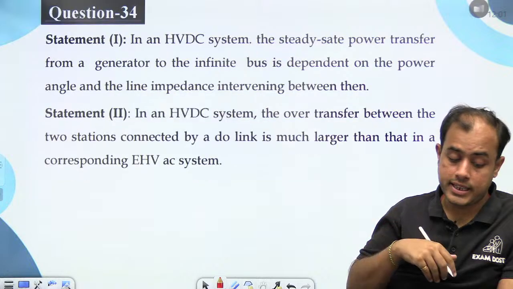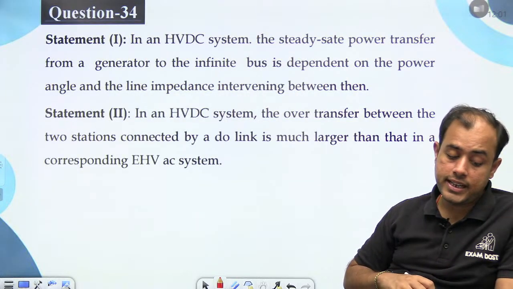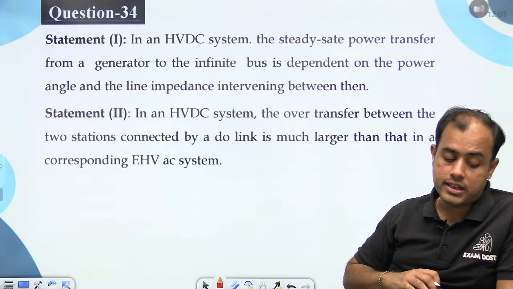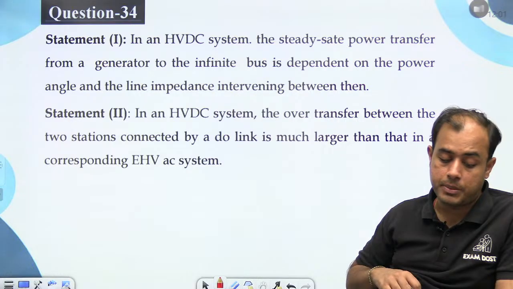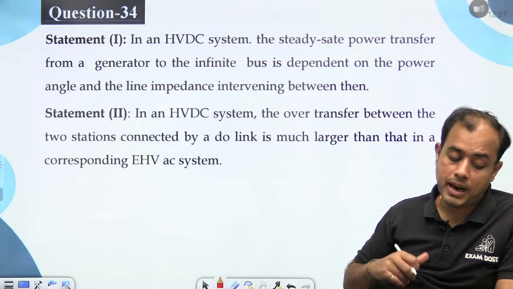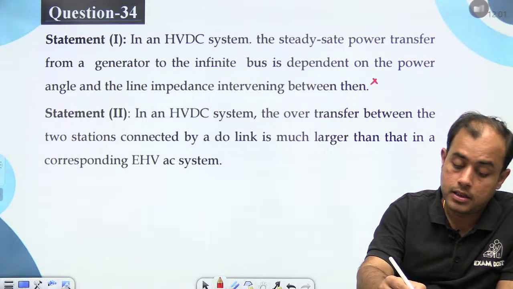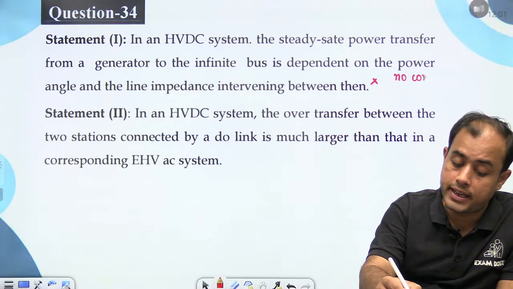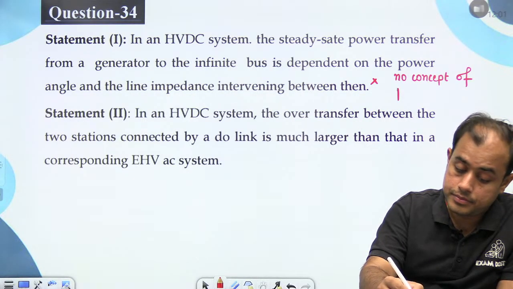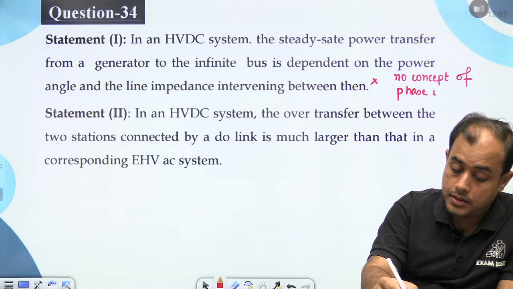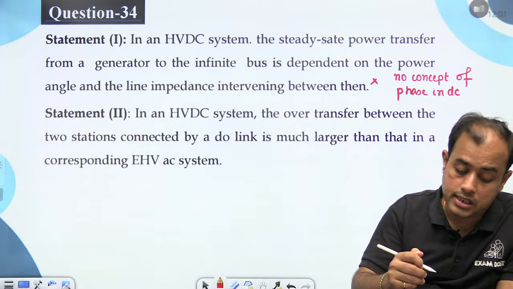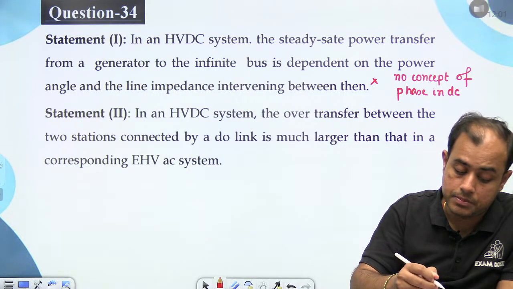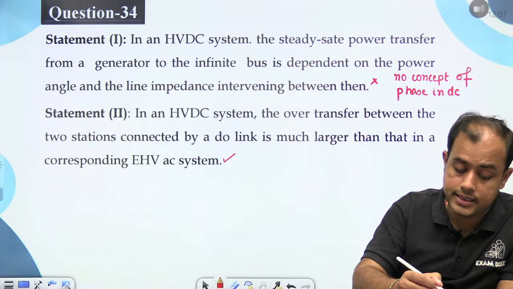This is ESE 2018. In HVDC, the steady state power transfer from generator to infinite bus depends on the power angle? No. No concept of phase in DC. In HVDC, power transfer connected by DC link is much higher than AC. Yes.